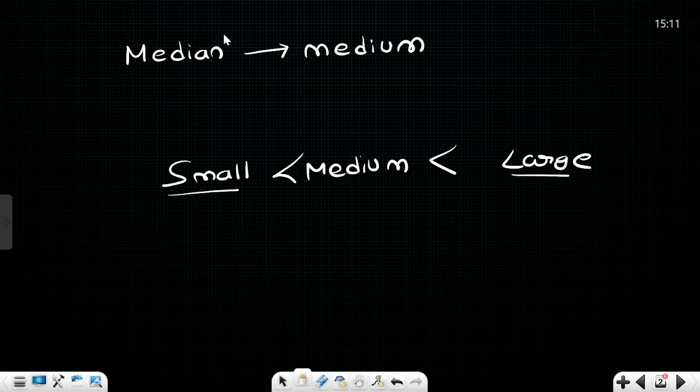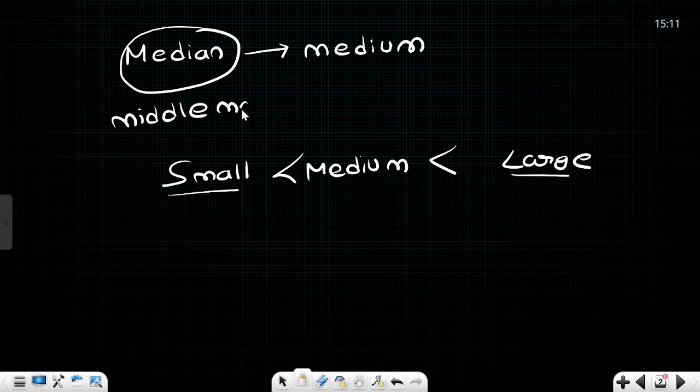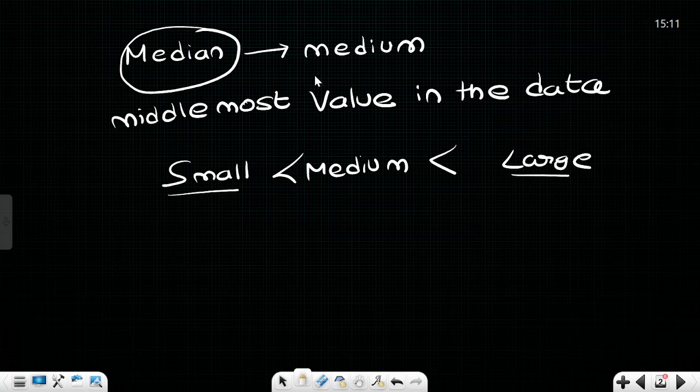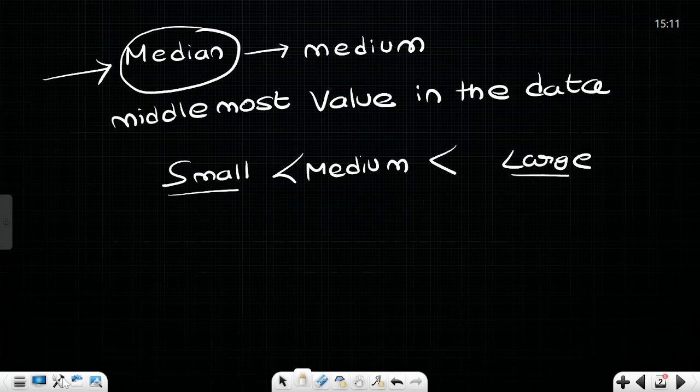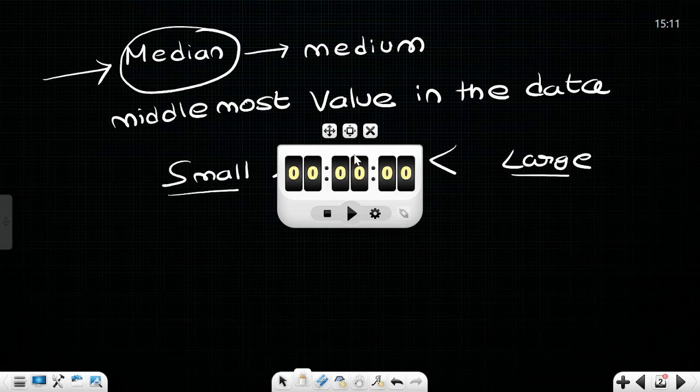So median represents the middlemost value in the data. That is the significance of the median. Median means exactly the middlemost value in the data. So please write down this definition. I am giving you 1 minute.